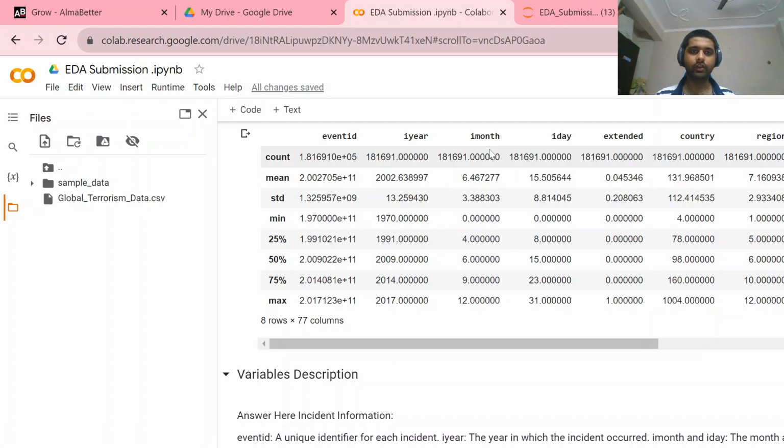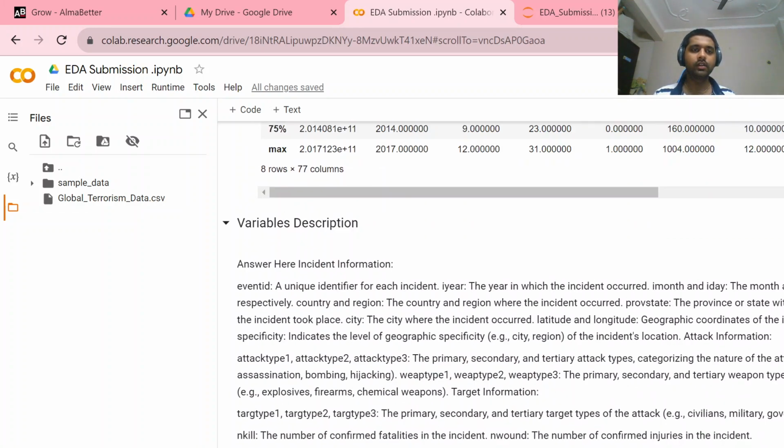For the month, there are 12 months, the maximum value is 12, the 75th percentile is 9, 50% is 6, 25% is 4, and the minimum is 0. This is the same for all the other numerical columns.